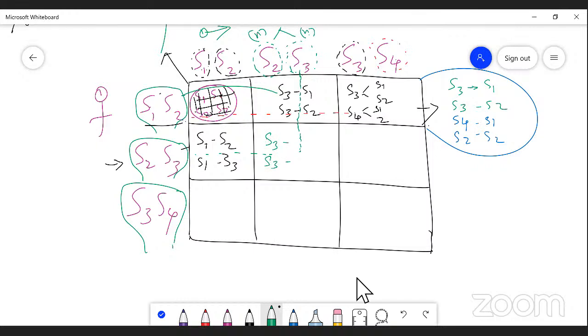Here, S2 and S3. Let us take any one, right? S2. Simply understand, you can. I'm going to show you the picture so that you can understand.